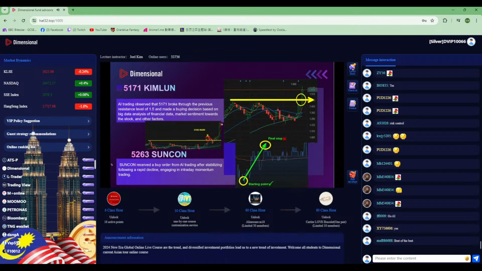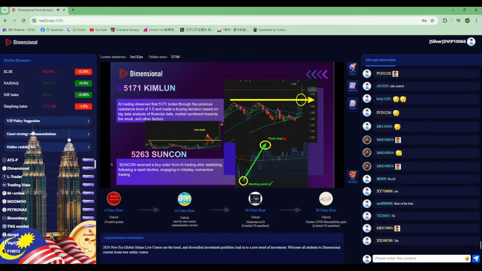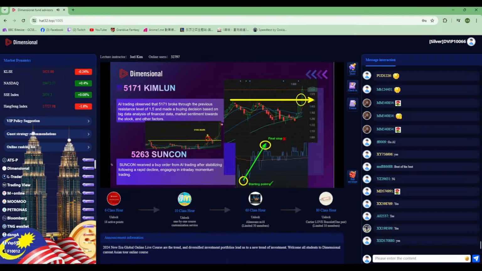Now, if we observe manually, it will take a longer time to notice that a particular stock breaks out above the resistance level, right? So AI trading can achieve this efficiently.